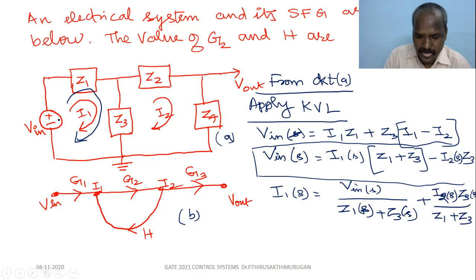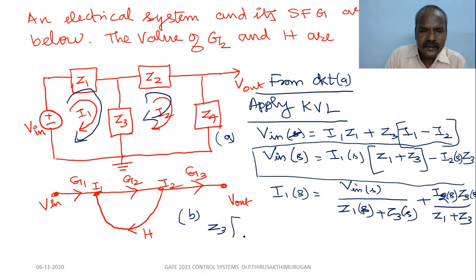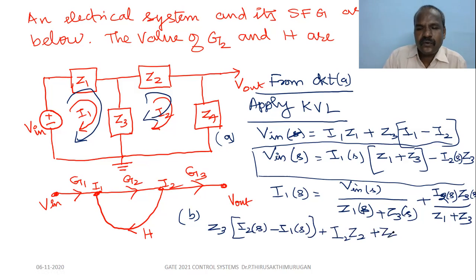Similarly, applying Kirchhoff's law for the second loop, we get Z3 times (I2 of S minus I1 of S), plus I2 Z2 of S plus Z4 I2 equal to 0.